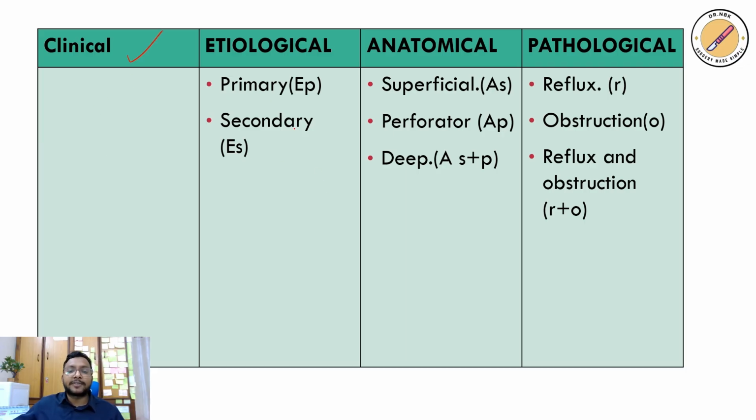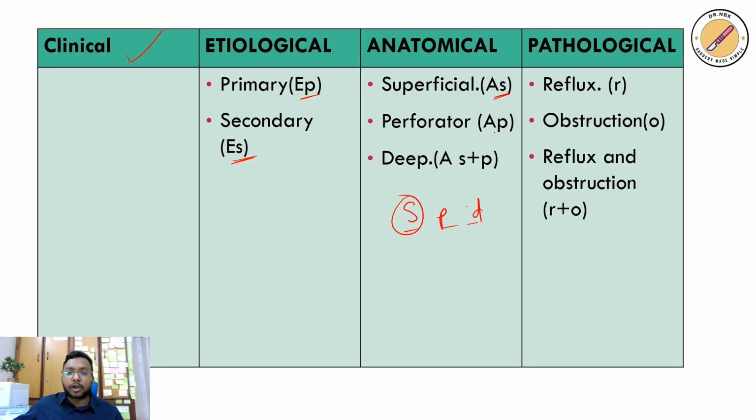Now, coming to etiological classification, we have only two types. When we learned about the etiology, it is either primary or secondary. When do you call it as primary? When you do not have any definitive secondary cause, right? Now, coming to anatomical, we know that there are superficial veins, deep veins, and perforators. Whenever a patient has got only superficial venous compartment incompetence, you call it as AS.